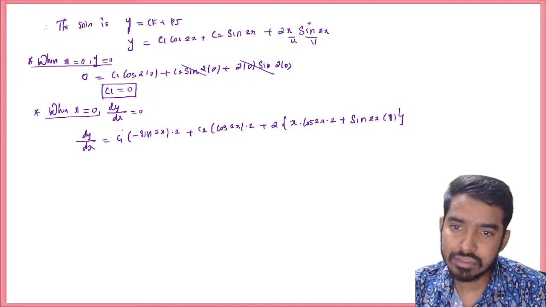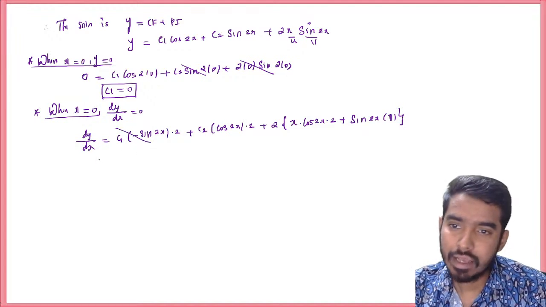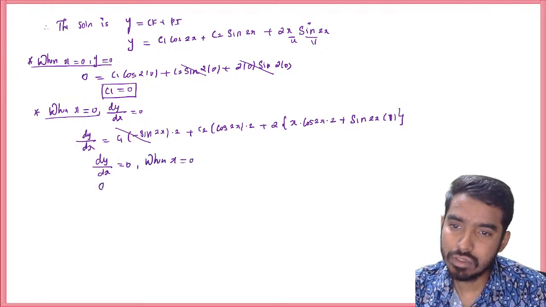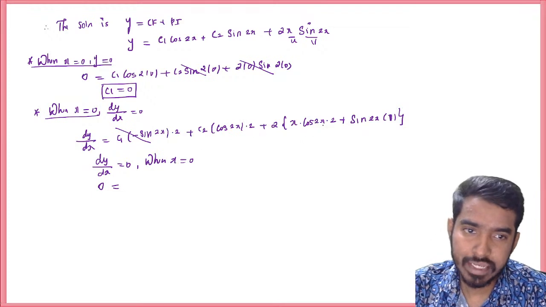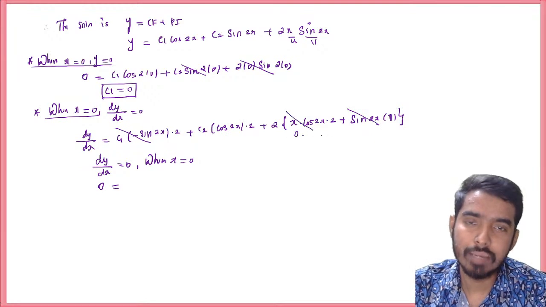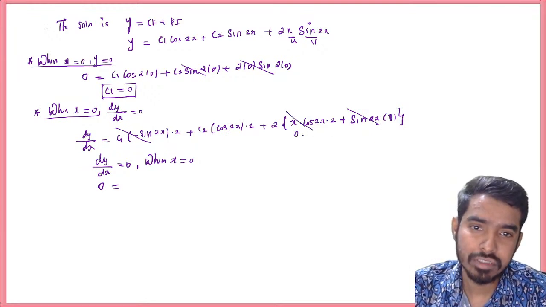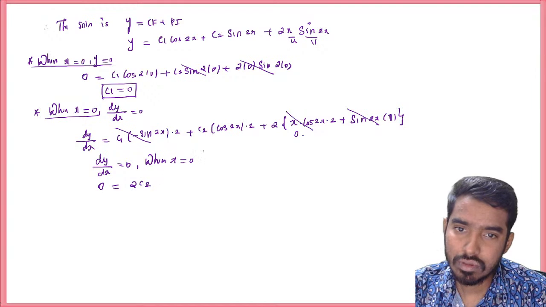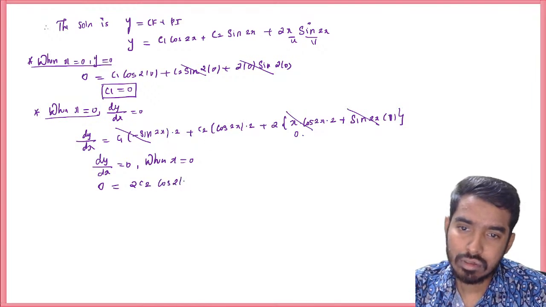Now we know c1 is 0, so this will be 0, right? And it is given that dy by dx is 0 when x is 0, right? So substitute 0 for x. When x is 0, this will be 0, and this is also 0, right? Because 0 into something is 0. We will have only this term, which is 2 times c2 cos 2 into 0.